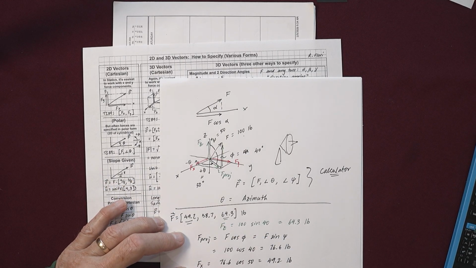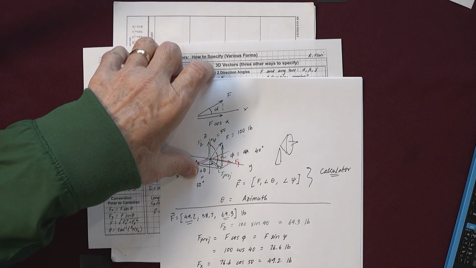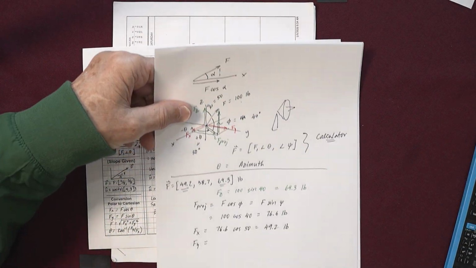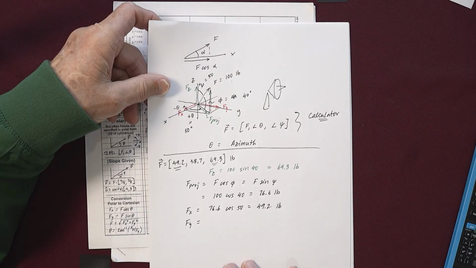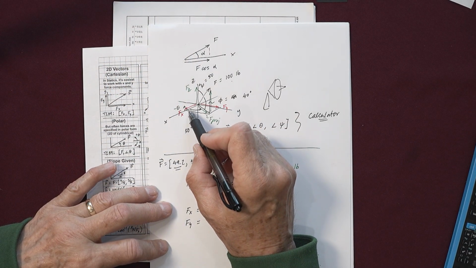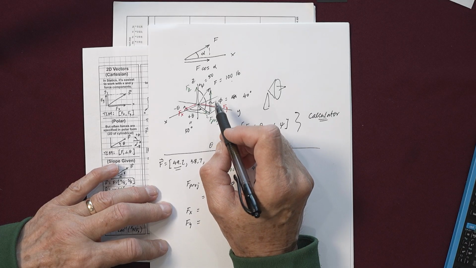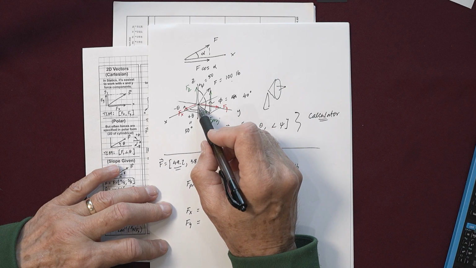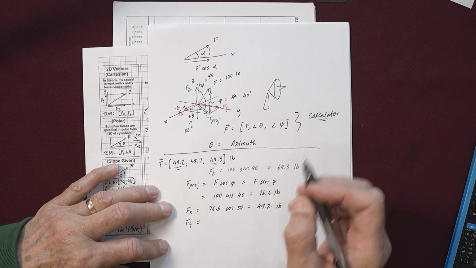And then finally, Fy is equal to, I'm sorry, I'm probably running out of real estate here. Let's move this up. And so Fy, if this is 50, then Fy is equal to F projection times sine of 50.